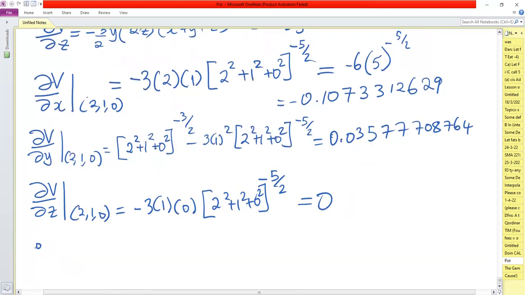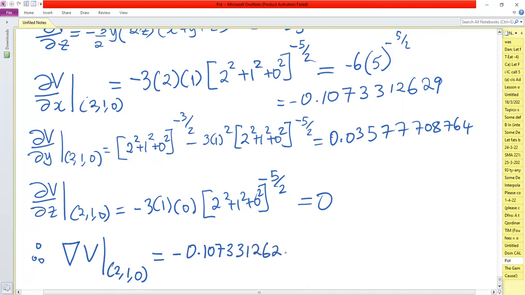So therefore, the gradient of v at 2, 1, 0 will be given by minus 0.10733.12629 I plus 0.03577708764 J plus 0 K.